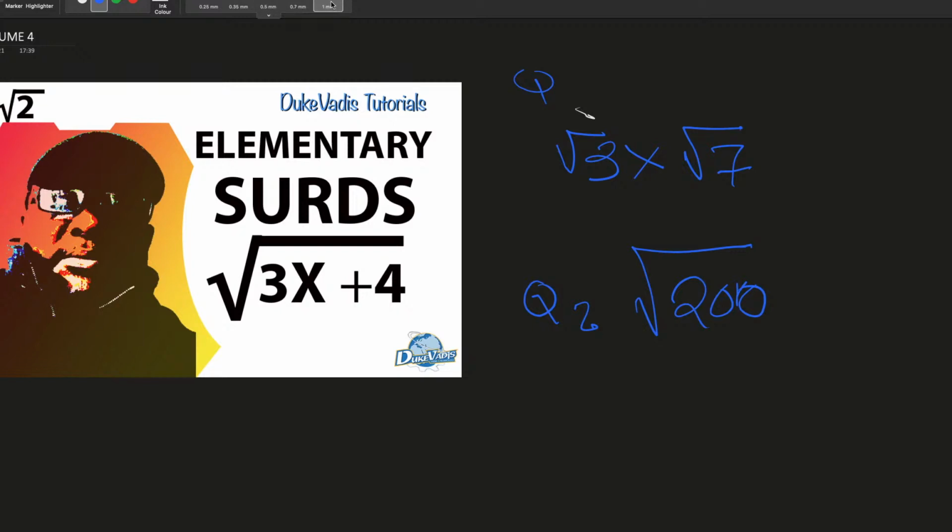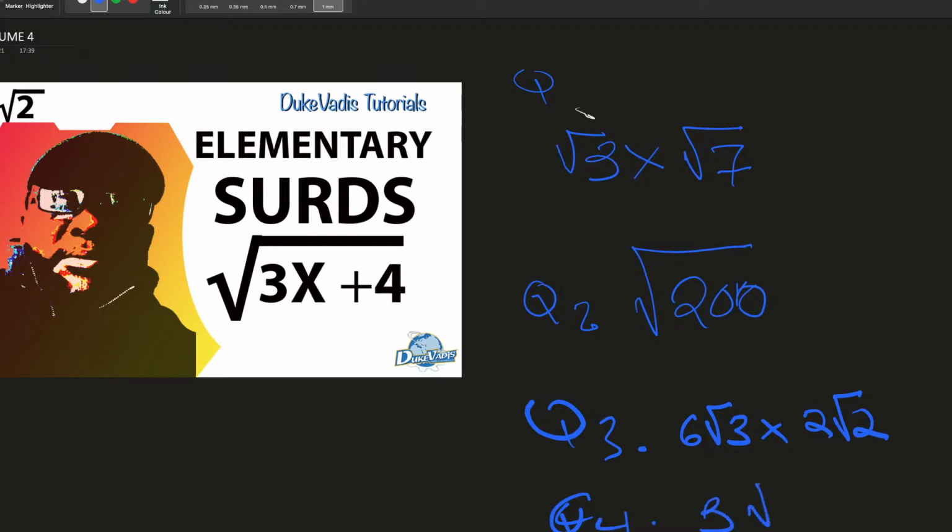The third says simplify 6 root 3 times 2 root 2. And the last bit says simplify 3 root 72.